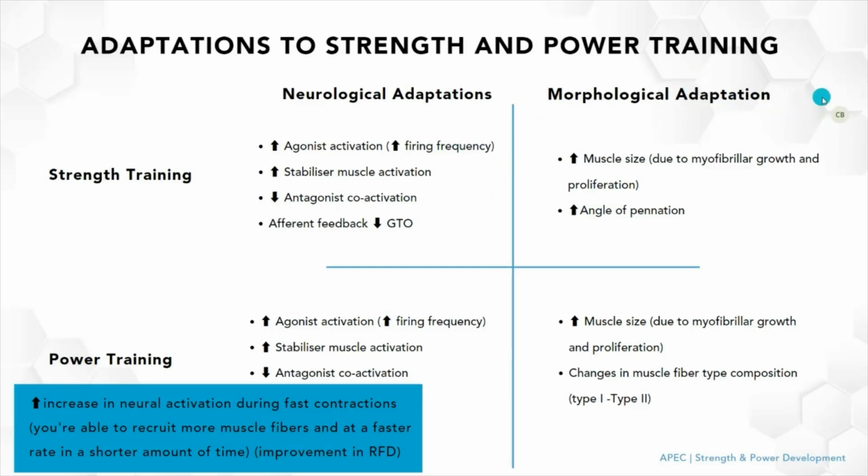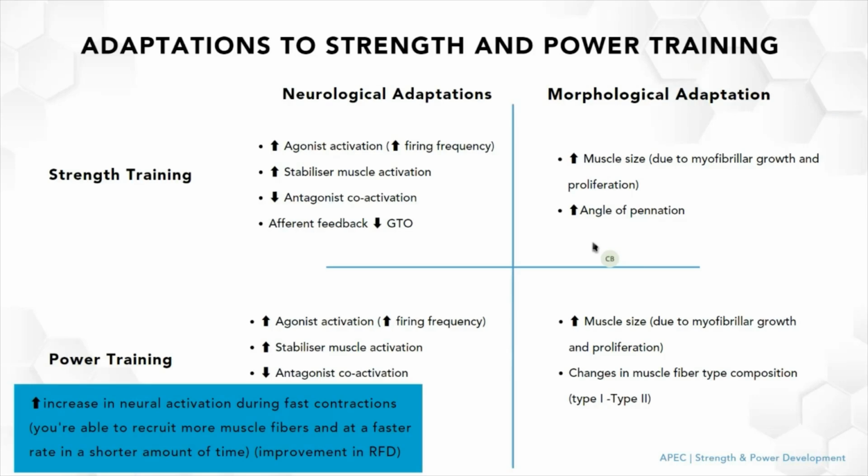Then looking at some of the morphological adaptations, the main one would be an increase in muscle size, and this is primarily due to myofibrillar growth and proliferation. So once again, thinking back to myofibrils, they're made up of little myofilaments called actin and myosin, and what you'll see is an increase in the amount of these in parallel with one another, like we covered earlier, and therefore the more actin and myosin or cross bridges that are in parallel with one another, the more force we can generate.